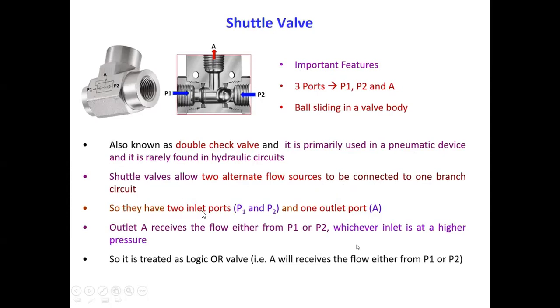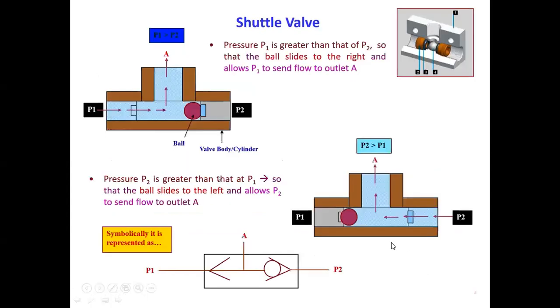So it has two inlet ports P1, P2 and one outlet port. Outlet A receives the flow from either P1 or P2, whichever inlet is at a higher pressure. So it is treated as a logic OR valve.